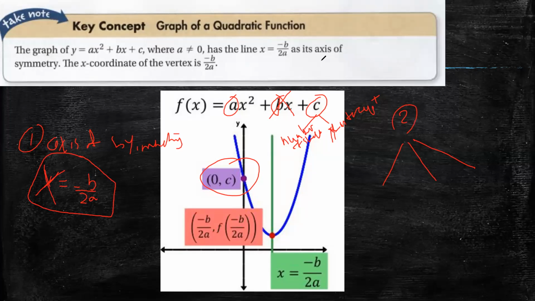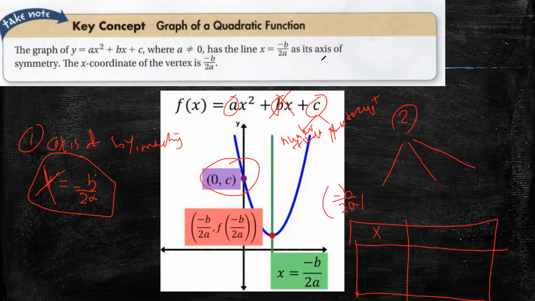I make a table for values x and y, and I need 3 numbers. The first number is -b over 2a, the number that I found from here. The second one is 0. The third one is 1. And the last number, choose it from your mind.